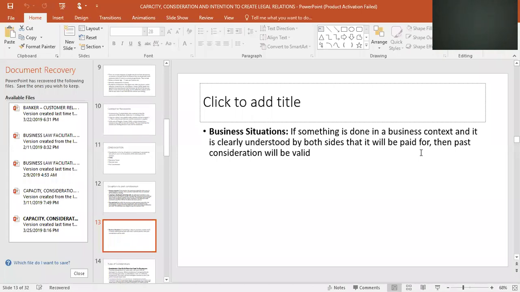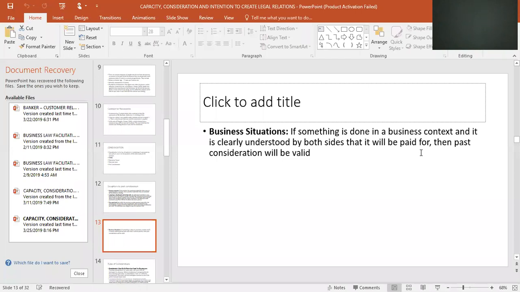Now, the second area of exception is business law. When you have a business situation, this is what I was talking about earlier, every agreement that is entered into is presumed to be binding.